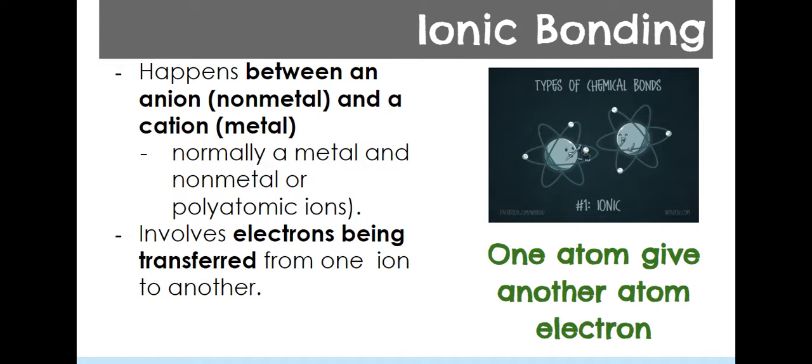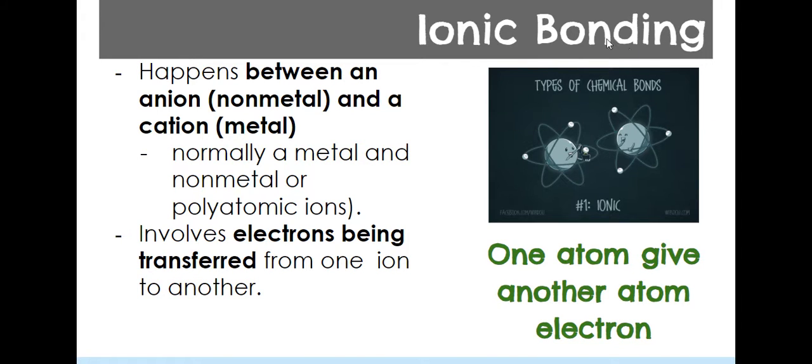The first type of bonding that we're going to learn about is our ionic bonding. Ionic bonding happens between an anion or a nonmetal and a cation or a metal. Normally, a metal and a nonmetal or a polyatomic ion. It involves the electrons being transferred completely from one ion to another.